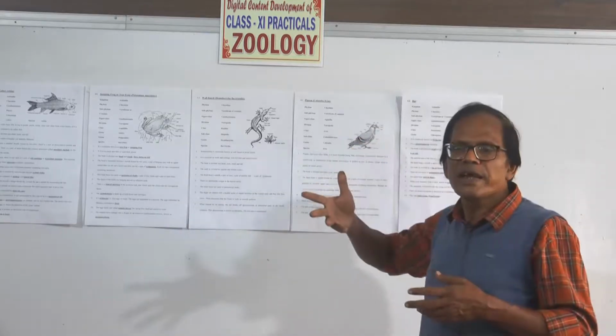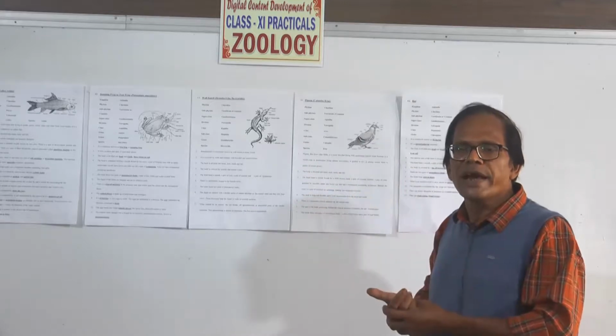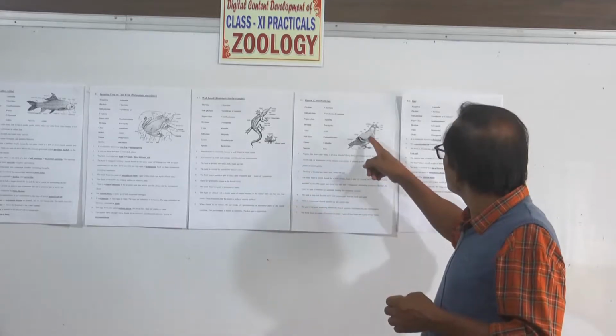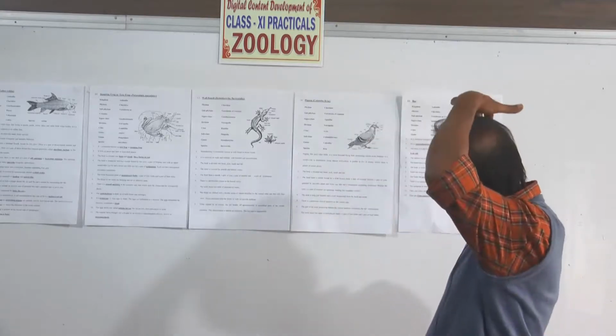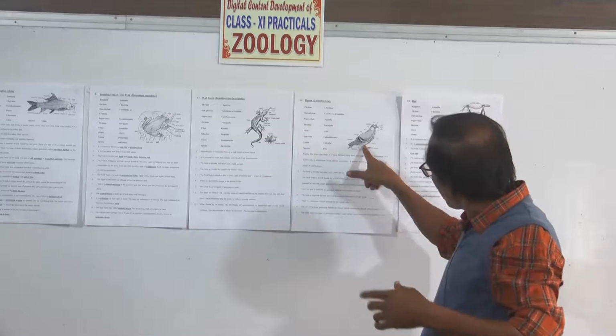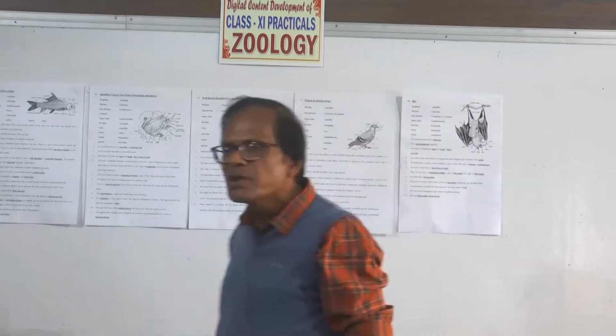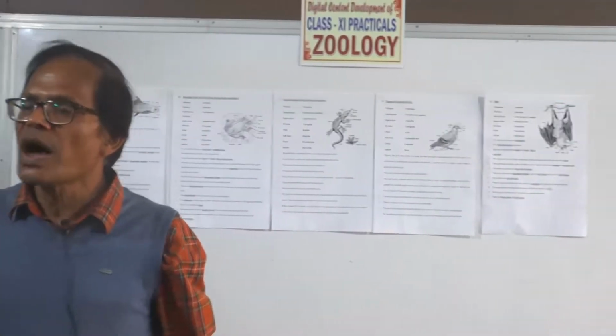And here they fly in air, therefore their forelimbs are modified as wings. There is a pair of hind limbs. The hind limbs are adapted for clinging on to the twigs like this.